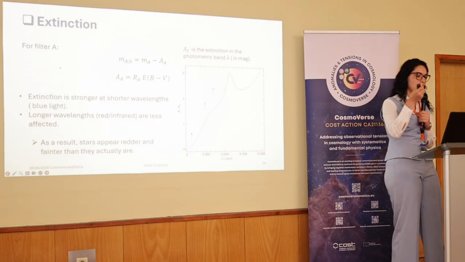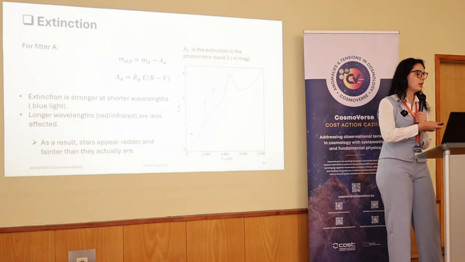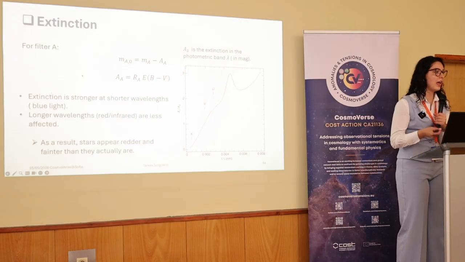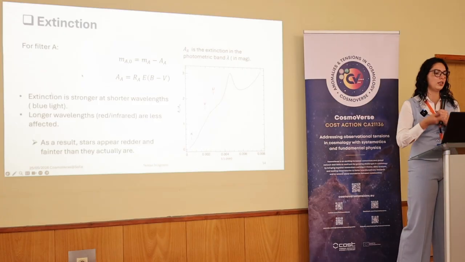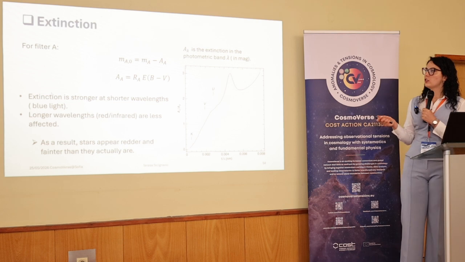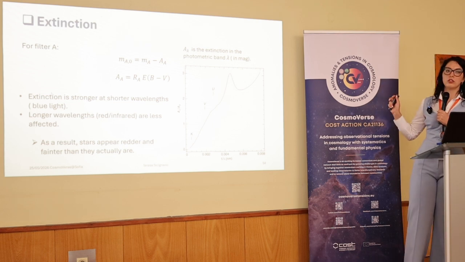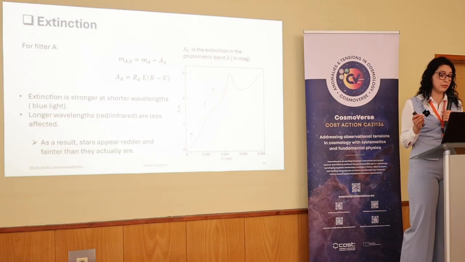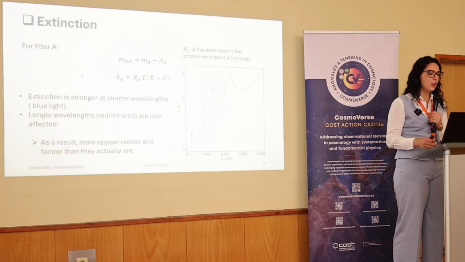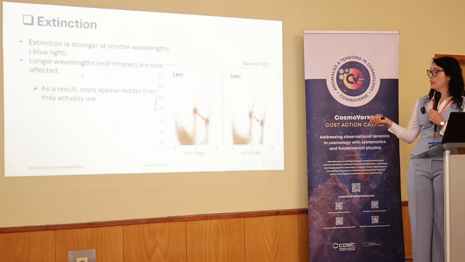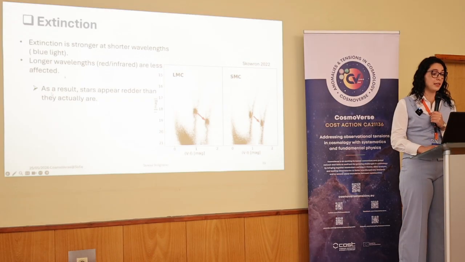The effect of this extinction is that the stars appear redder and fainter than they actually are, because the correction for the extinction is only a subtraction of the extinction in that band. And here you can see what I explained with an image, which I think is always the better way.